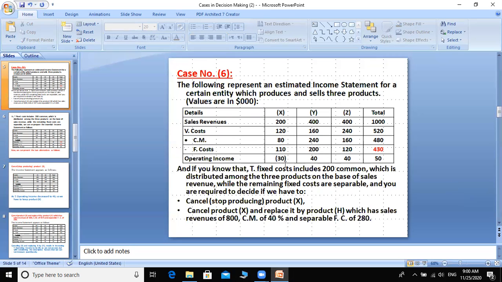Then we will prepare this statement substituting X by H with these conditions: it has sales of 800, contribution margin percentage 40%, which means variable cost 60%, and separable fixed cost 280.